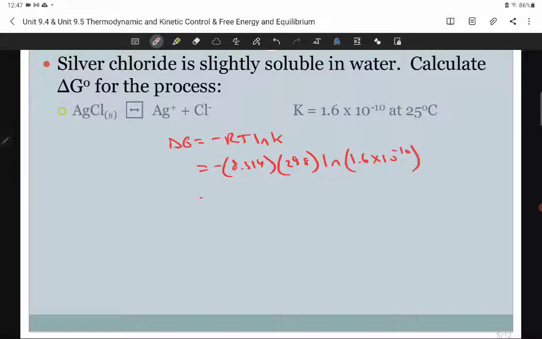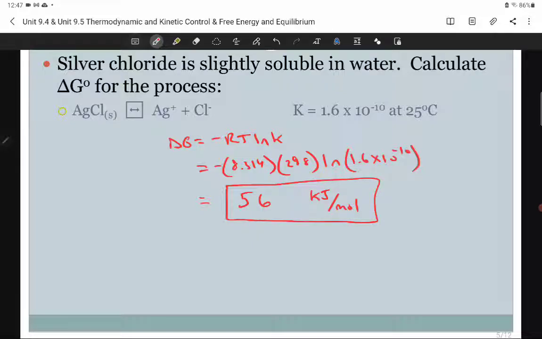When I do that math, I will get an answer in joules per mole, but that's not something I'm going to prefer because it's going to be such a big number. So people are generally going to divide that by 1,000 to get kilojoules. And when I did that math, I got an answer of 56.